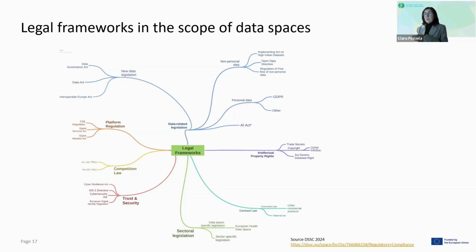This is in regards to the data, but apart from the data legislation, we have other regulations that are also in the scope of data spaces. For example, intellectual property rights, copyright, and trade secrets. At the time that you are going to share data, you need to be careful whether this data or services are under certain IP regulation.